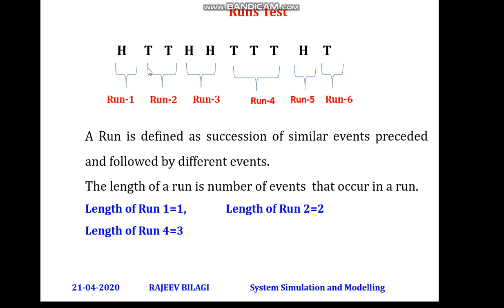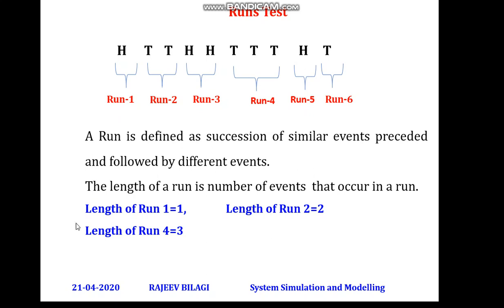Now these two put together, T and T, which are the same, I will call run 2. Here, this H is the same, then again it is different, so I will call it run 3. Here run 4, here run 5, here run 6. Like this, you are going to find the different runs for a given set of random numbers. I'll tell you how you are going to find that.